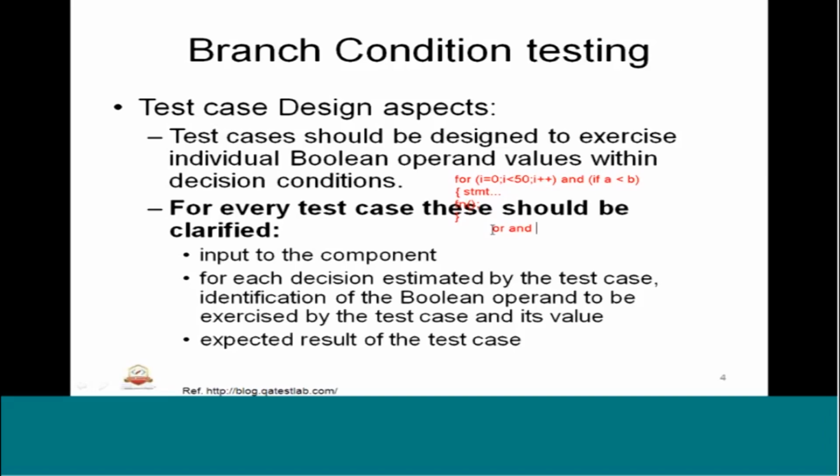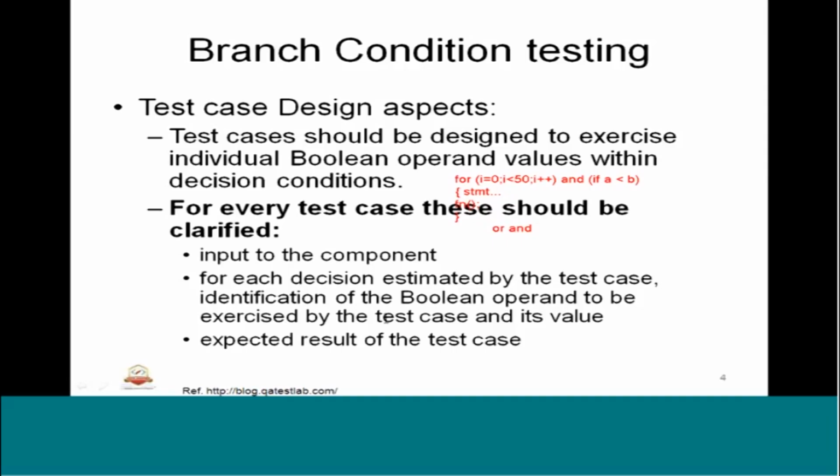So basically the tester needs to understand what the inputs to this block are that need to be taken care of. For each decision evaluated by the test case, identification of the Boolean operand to be exercised by the test case.